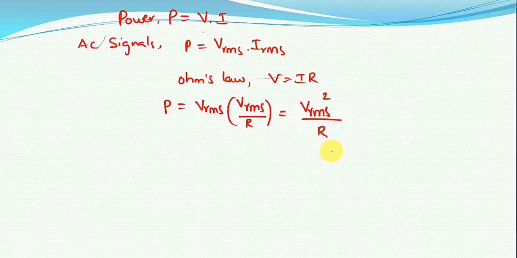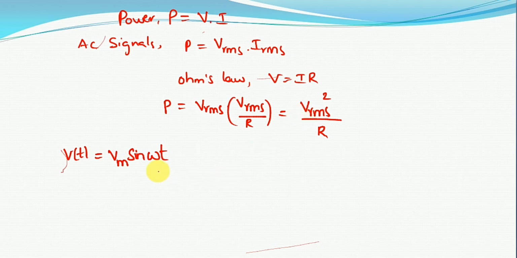So if I consider the sinusoidal signal, then I can write the mathematical expression of v of t as Vm sin omega t. Now for this expression, I want to calculate the power. But here the power value is in terms of root mean square value.